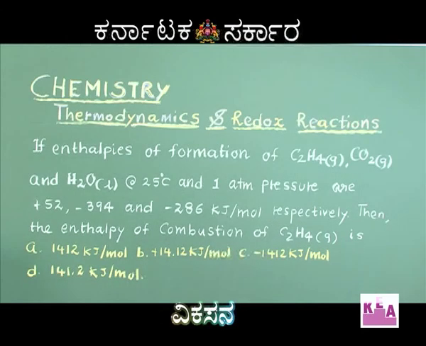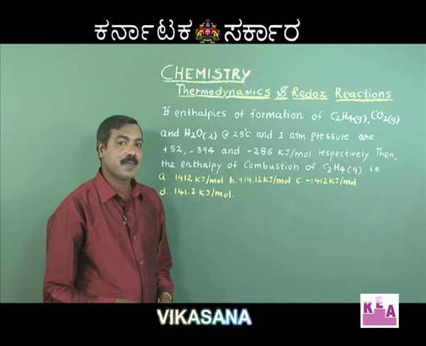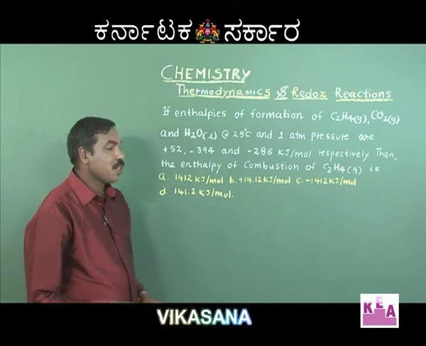Next, if enthalpies of formation of ethene gas, carbon dioxide gas and water liquid at 25 degrees centigrade and 1 atm pressure are given as follows, then the enthalpy of combustion of ethene is... To solve this again, enthalpy of combustion of ethene.